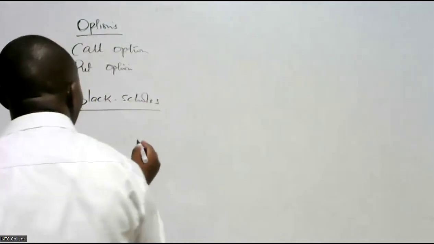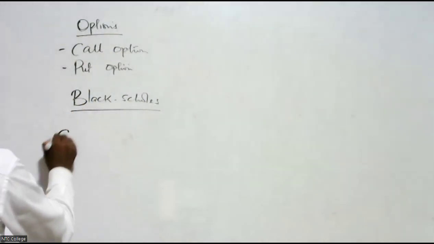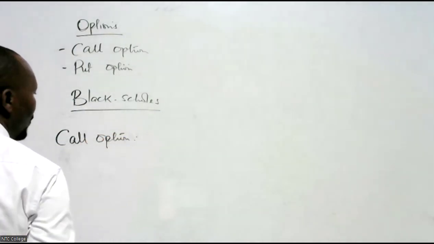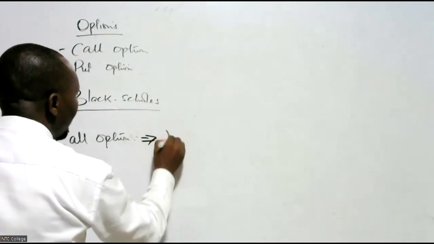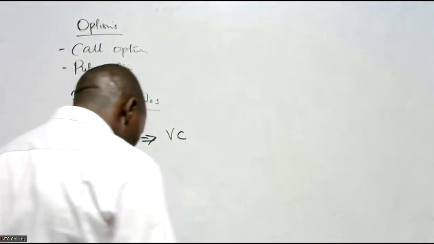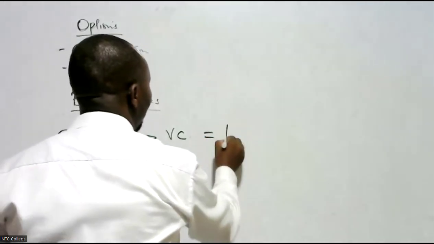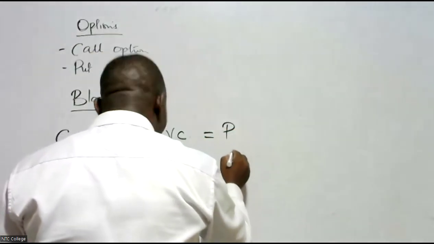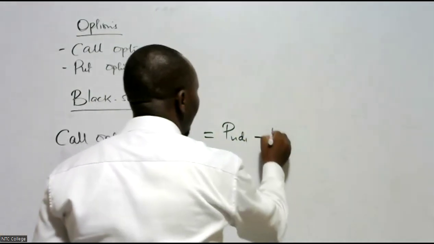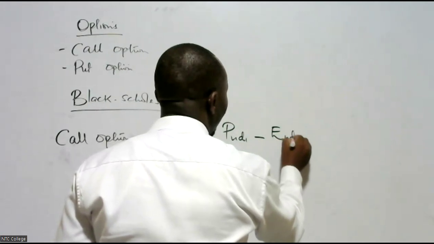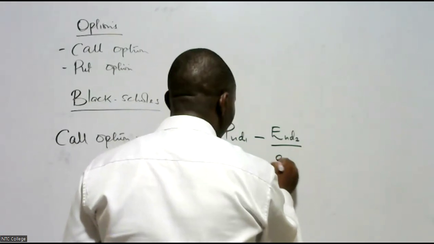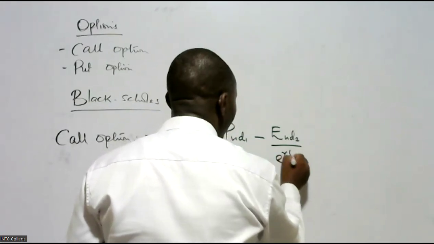For call option, the value of call option is normally written as VC. That means the value of call option is normally given as P N(d1) minus E N(d2) all over e^(RT).